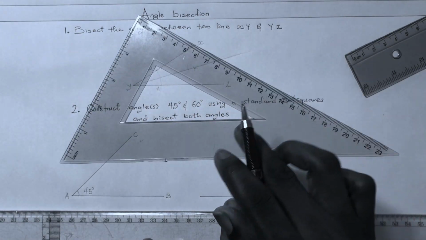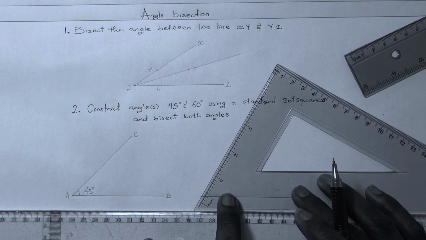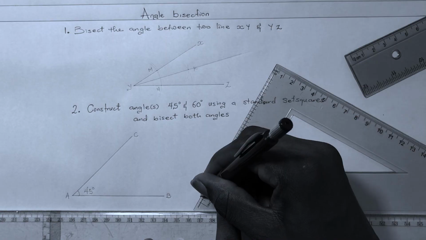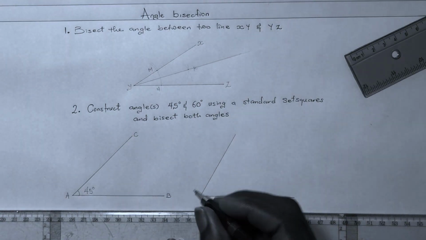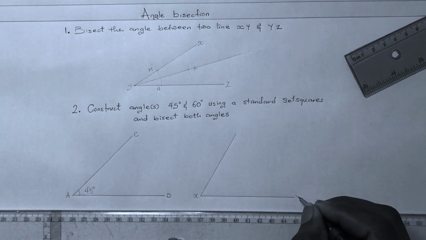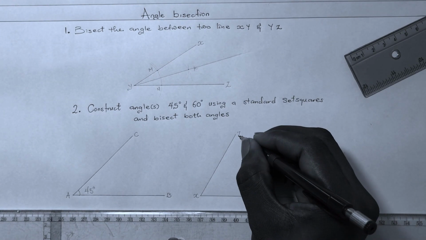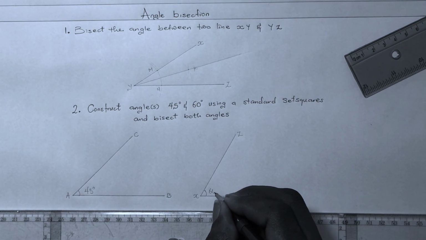Use a 30 and 60 degree set scale to map out the angle, which is 60 degrees. So we have this to be X, this to be Y, and this to be Z. So we have an angle of 60 degrees.